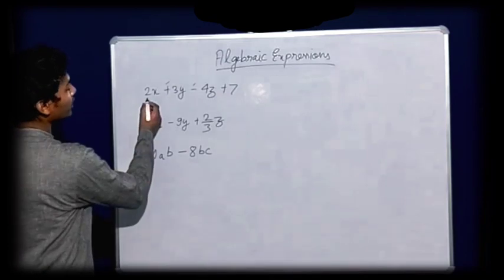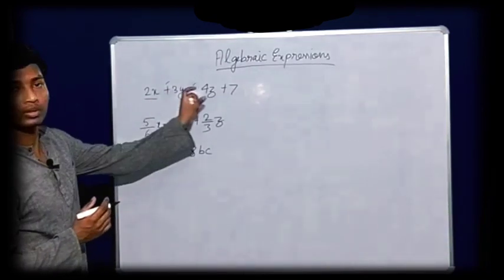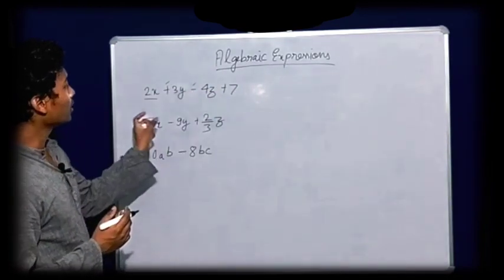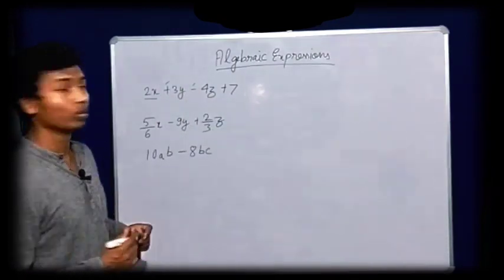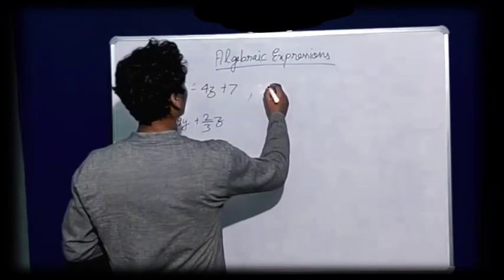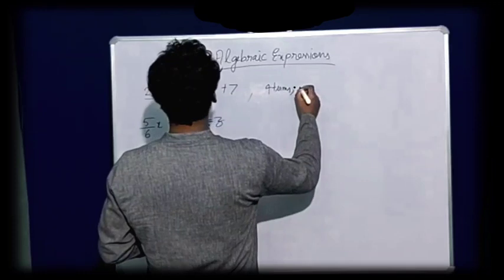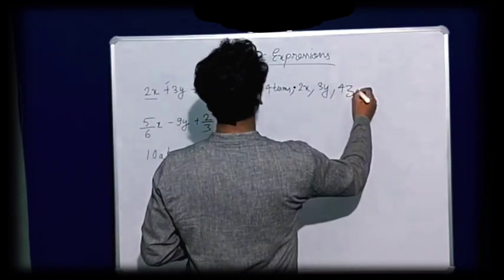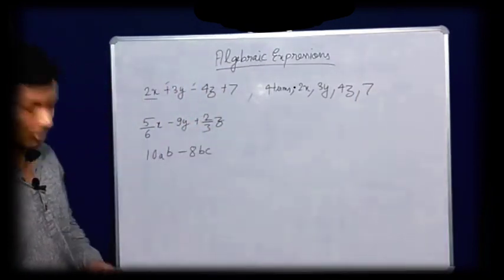Now individually, you know, just now we learned these are called terms. So now you see here, so this algebraic expression has 4 terms, which are 2x, 3y, 4z and 7. So these are the 4 terms.